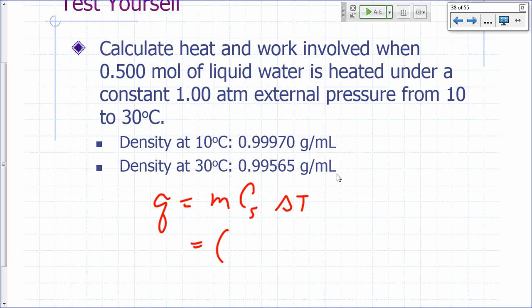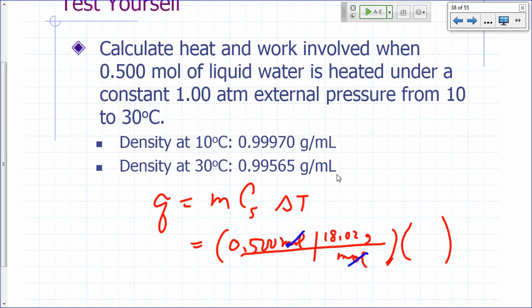What's the mass of water here? 0.500 mole. How do you change that to grams? 18.02 grams per mole. Mole cancels out. Specific heat of water is 4.18 joules per Kelvin per gram.